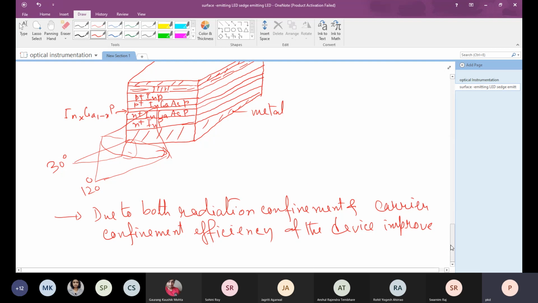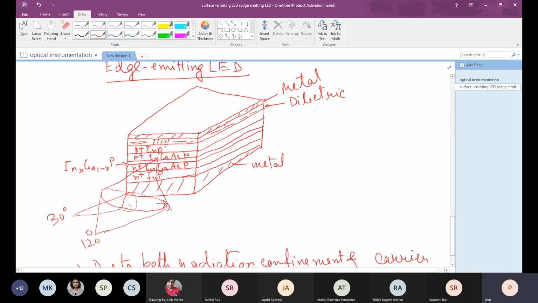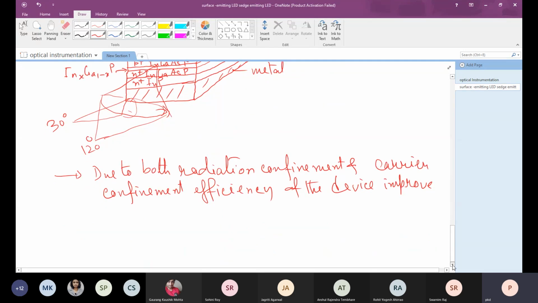So that will act as a waveguide. Therefore, the radiation will be confined and it will come out of the front side. The back side is metal coated.